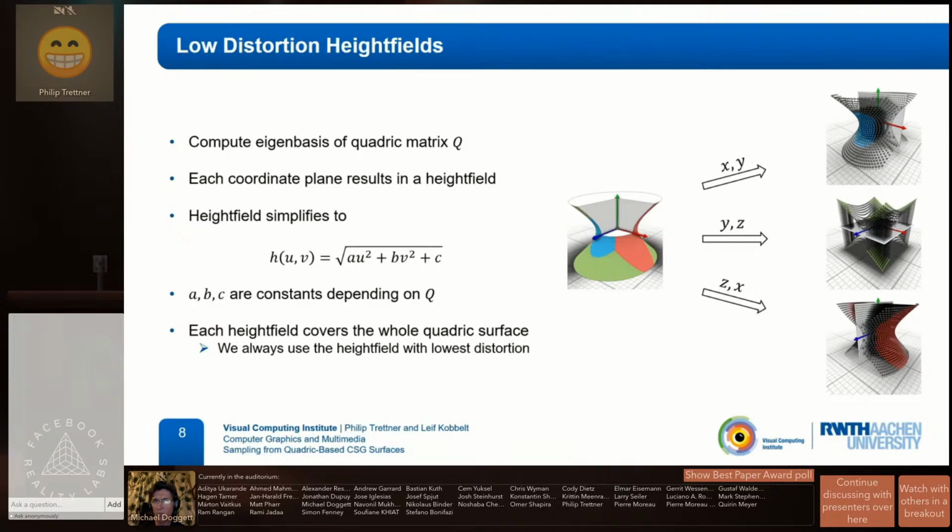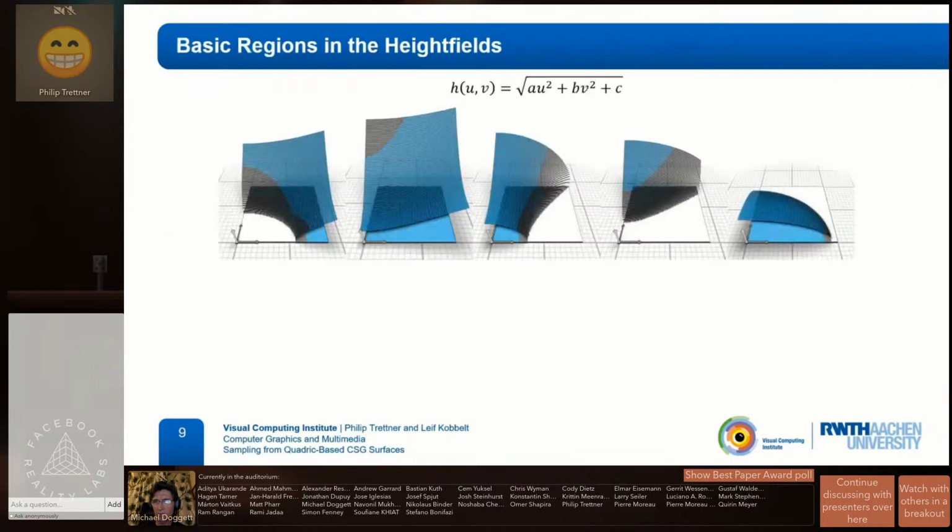The details of that are in the paper, but just to give a high-level intuition, if we take height fields of this form, there are only 5 types of possible configurations that depend on the signs of A, B, and C. And here in this visualization, blue means that this part of the height field is actually the lowest distortion possible, and gray means that one of the other 2 directions yield less distortion.